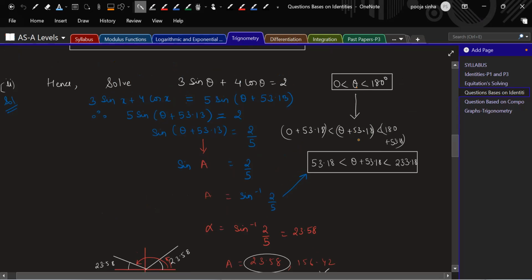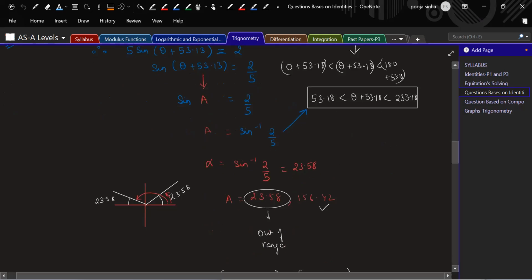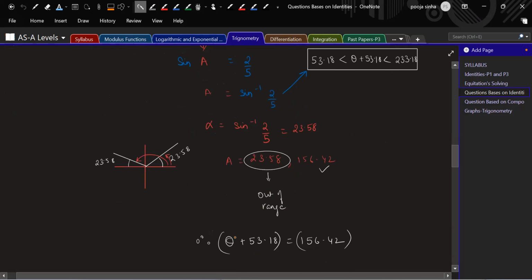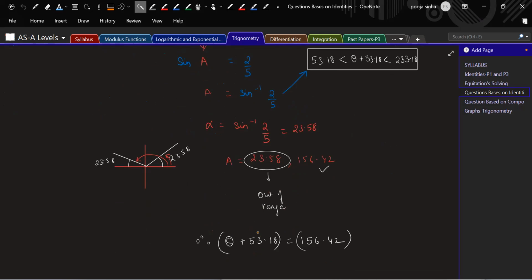So since it was just theta, theta plus 53.18 here, then the same thing has to be done here and here. So we added. So we got a new range. Then we call this entire thing A and figured out the base angle for that. And from that, we found out what are the various values of A. And that A was nothing but theta plus 53.18. So you figured out what theta finally will be, basis your range. Clear?